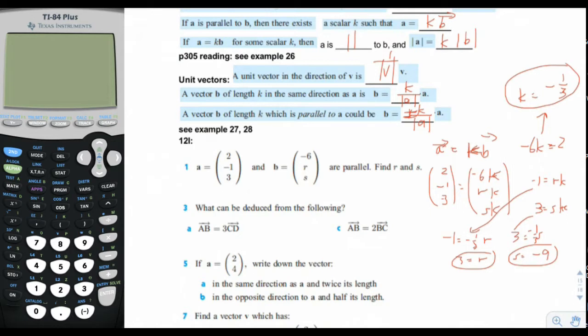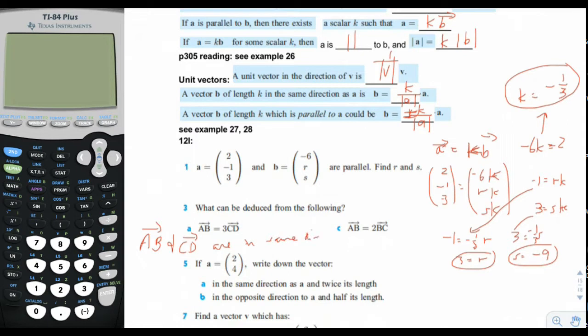All right. What can be deduced from the following? Vector AB is equal to 3 times vector CD. We could say that AB and CD are in the same direction.